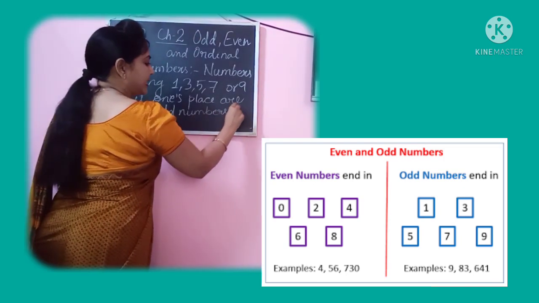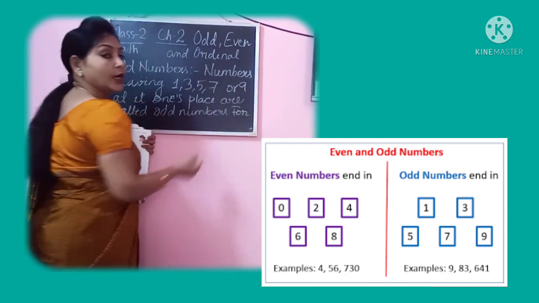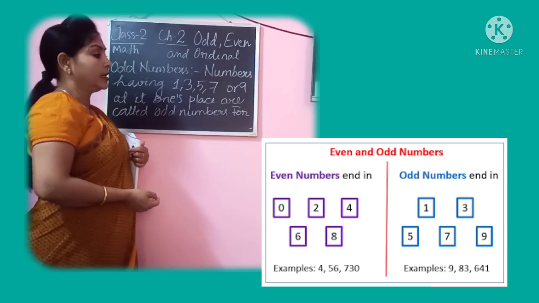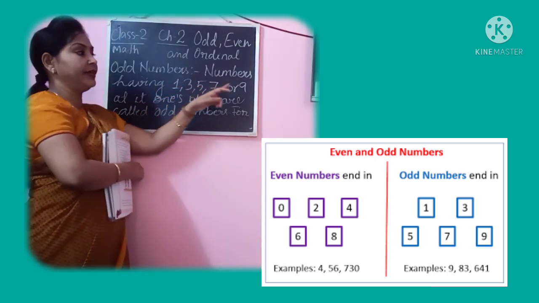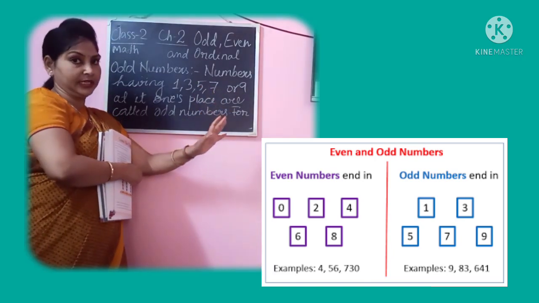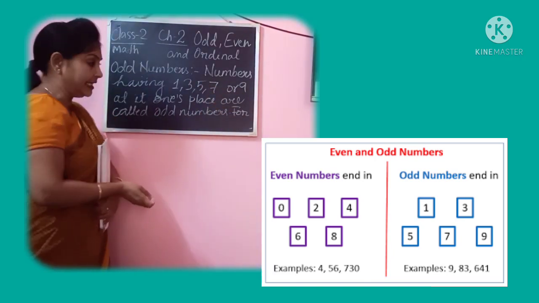Now, what can be the example? Numbers which have any one of 1, 3, 5, 7 or 9 at their ones place are called odd numbers.